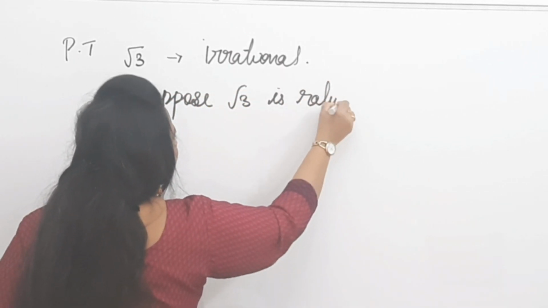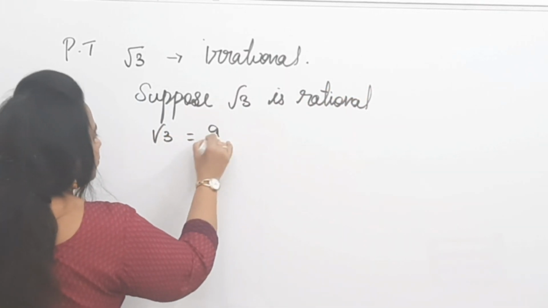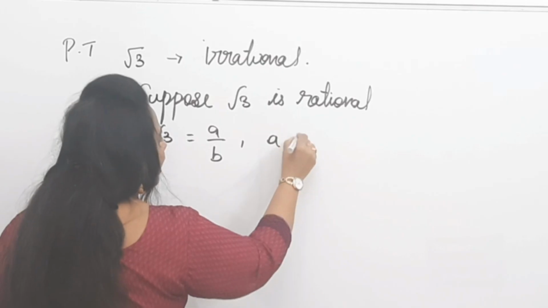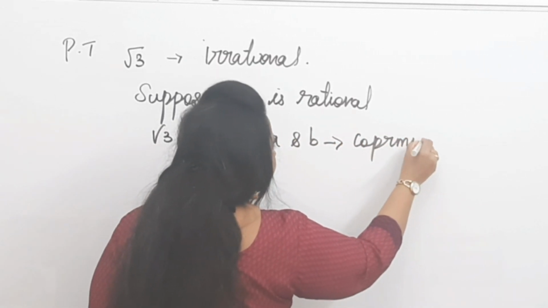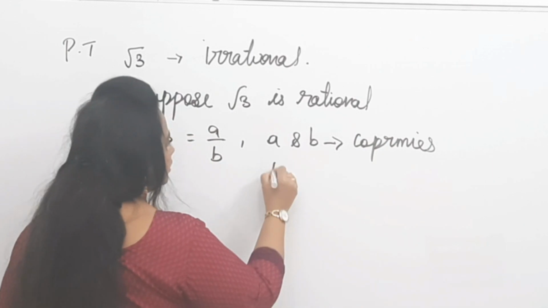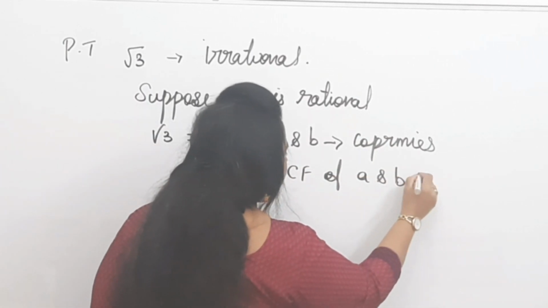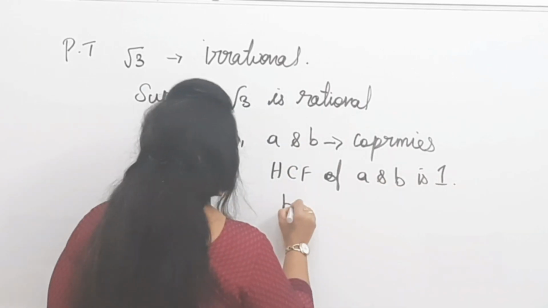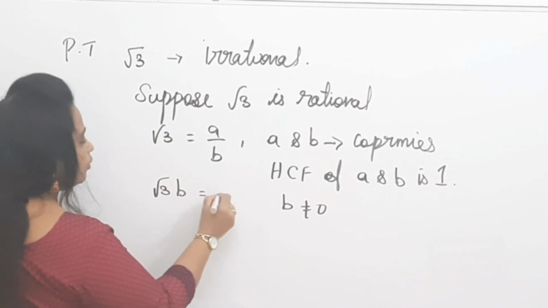So I would be able to write root 3 as a by b, where a and b are co-primes and the highest common factor HCF of a and b is 1, and b not equal to 0. So now I have root 3 b is equal to a.